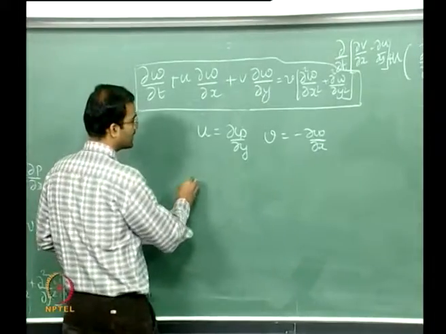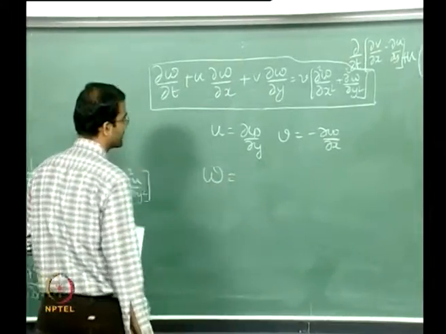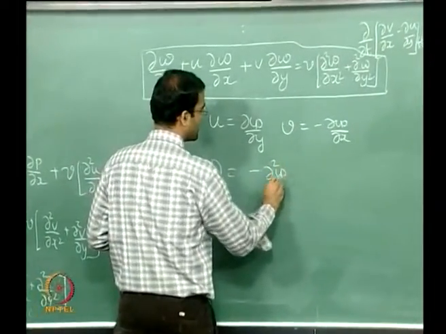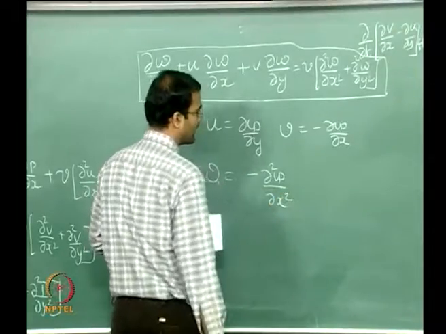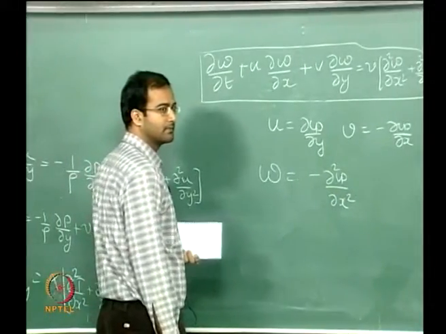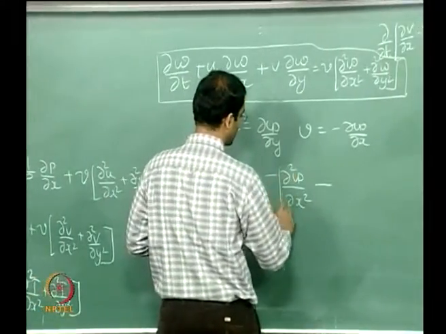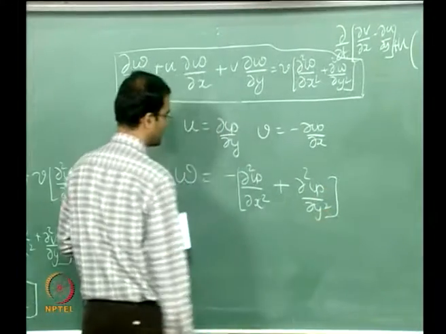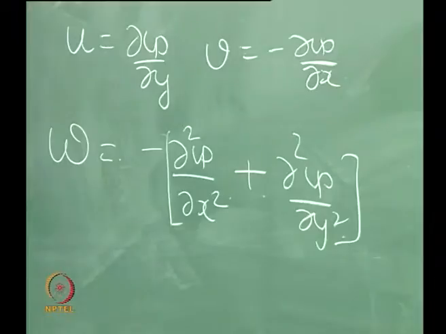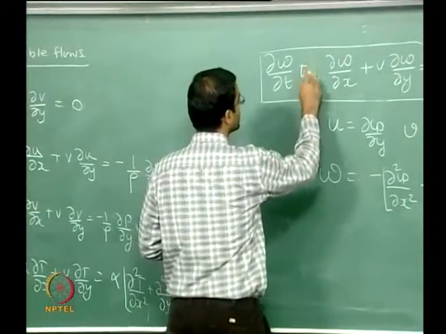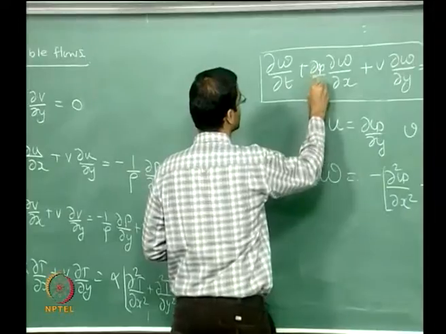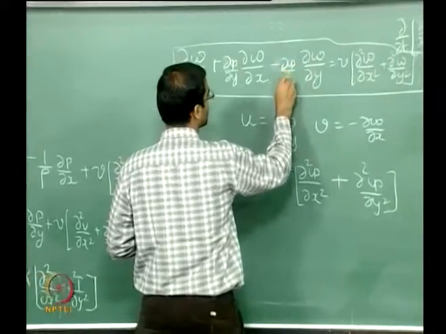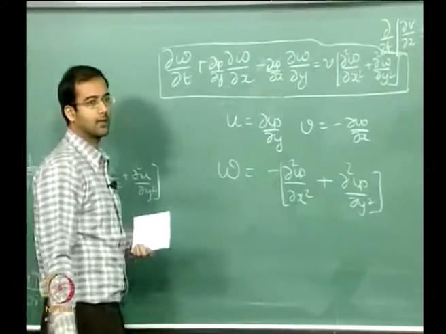Your omega will be, if I take dv by dx, this is minus d square psi by dx square, and du by dy, minus, so minus of d square psi by dy square. So you can now substitute this in terms of the stream function, therefore you have eliminated the velocities.